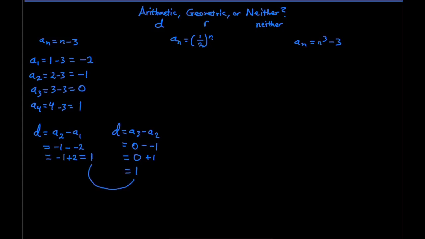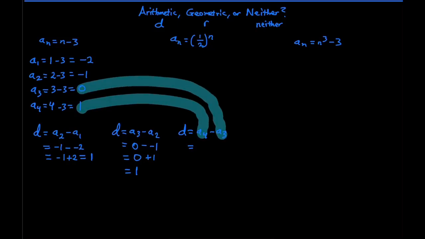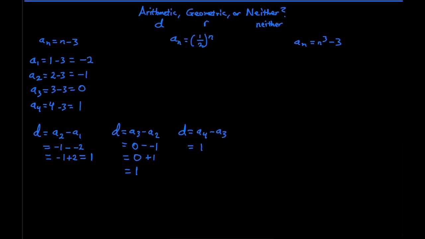So far we have the same number here. And you can go further, where you take the fourth term and you subtract the third term from it. The fourth term is the 1, and the third term was the 0. You substitute them in, and you got 1.